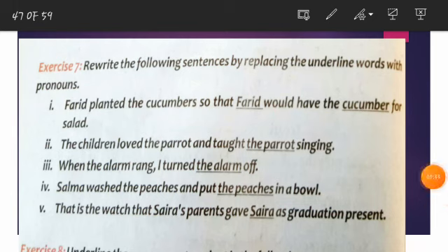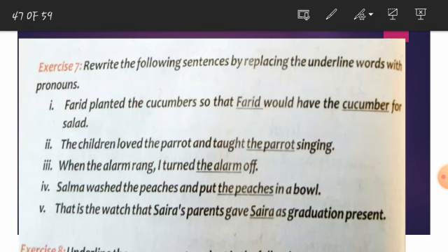Farid planted the cucumbers so that Farid would have the cucumber for salad. Now, what you have to do is replace the underlined word with the pronoun. The first one I will do for you. Since Farid is a male, and for the male we use the pronoun he, we will write he here.